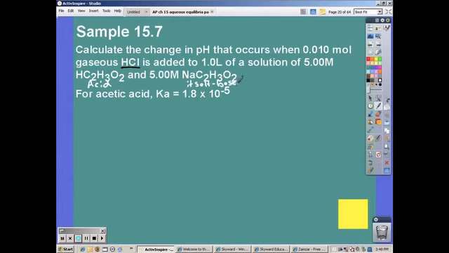So the HCl should react with the base, sodium acetate. You can ignore the chlorine as well as the sodium since they're both spectators.